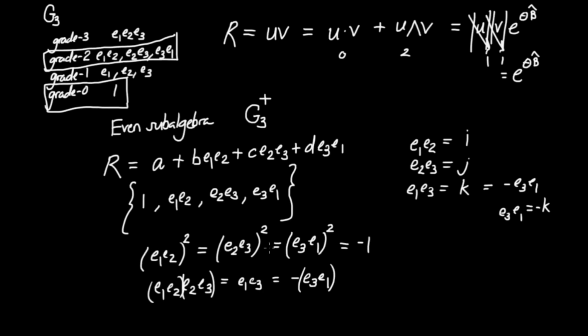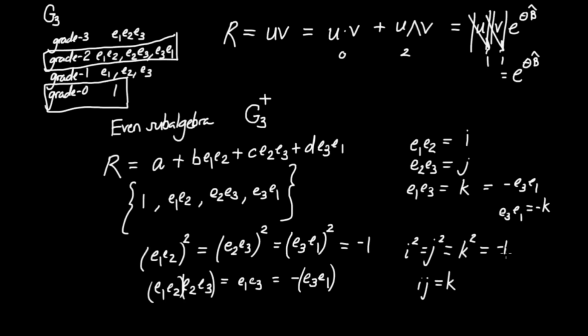And let me rewrite this upper line here. So I have i squared is equal to j squared is equal to k squared is equal to minus 1, since E3E1 squares to minus 1, but E1E3 is also going to square to minus 1. And I have down here i times j is equal to k.